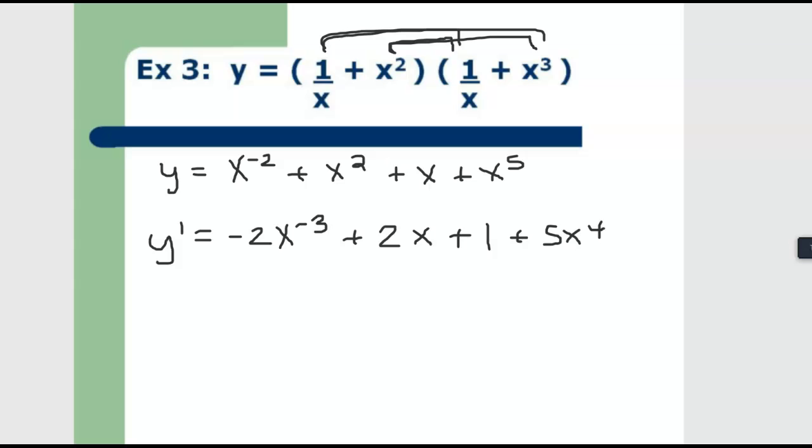Drop your negative exponent down. And way less foiling. So again, there are instances where it is way more helpful to foil at the beginning.